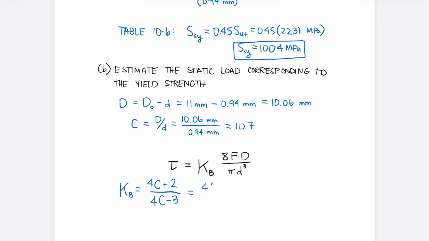So that's 4 times 10.7 plus 2 over 4 times 10.7 minus 3. So 4 times 10.7. Okay, so I get about 1.126.